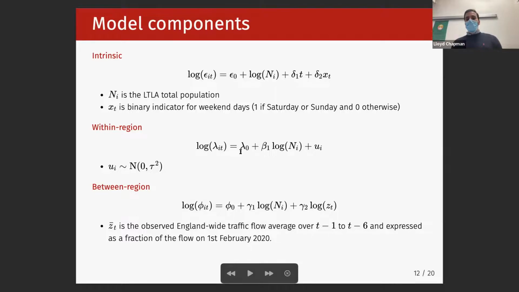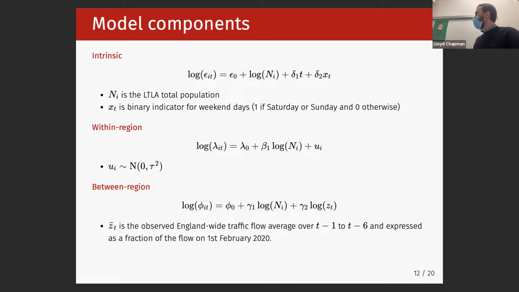For the within region part of the model, again we introduce a population offset and then an independent set of random effects specified at the spatial unit level. So we allow the within transmission to vary by spatial region, because we expect that to be very different from one LTLA to the other.